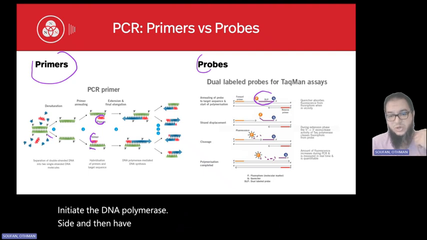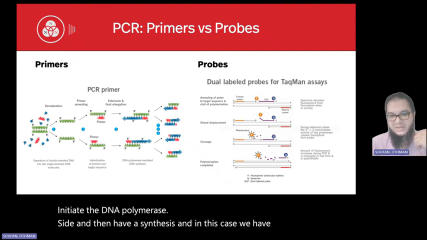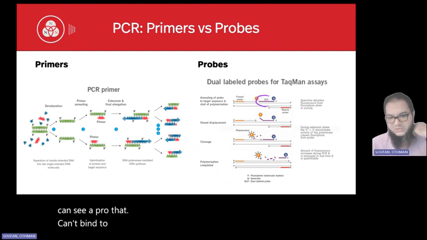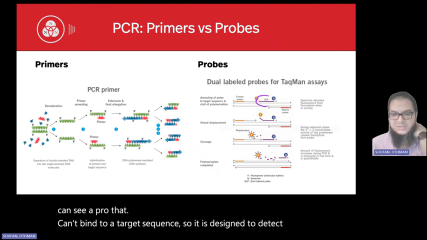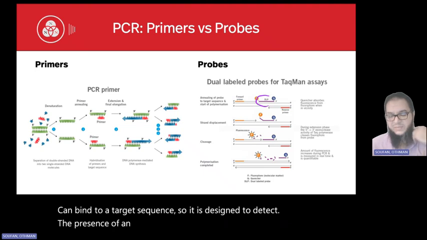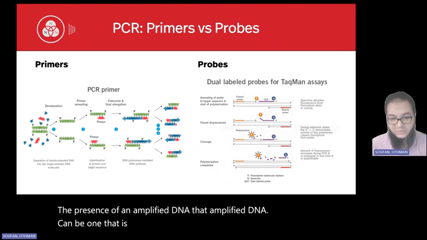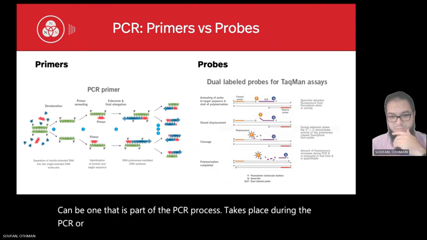In this case, we have a probe that can bind to a target sequence. So it is designed to detect the presence of an amplified DNA. That amplified DNA can be part of the PCR process, taking place during the PCR or after the PCR.